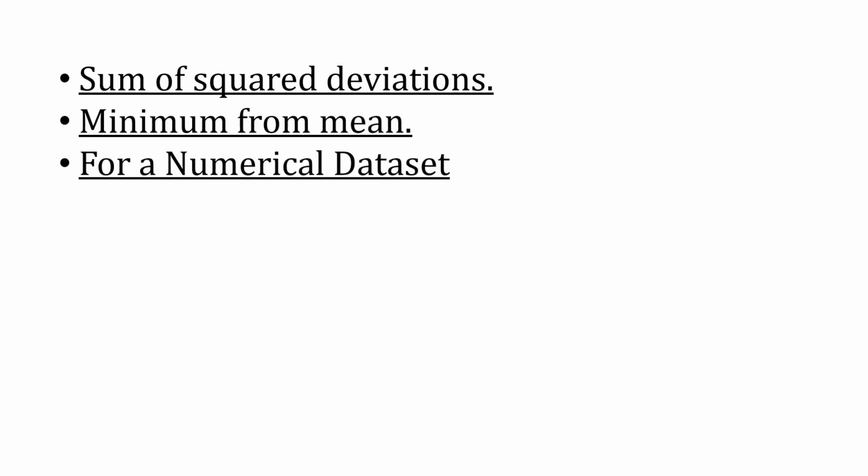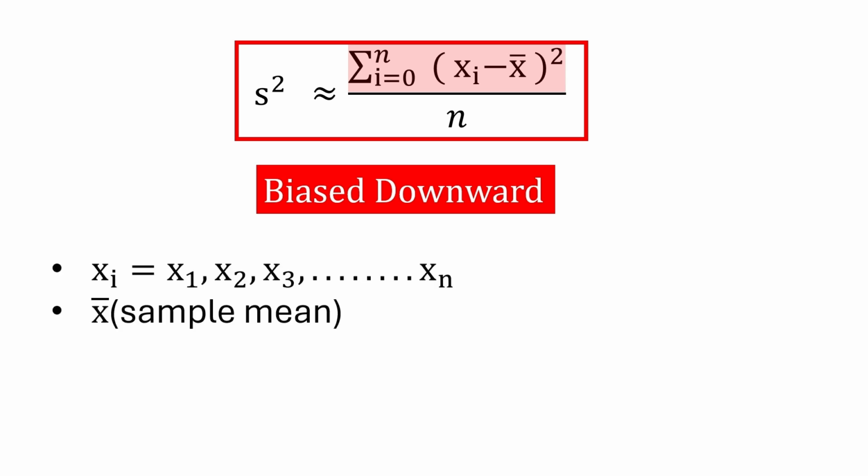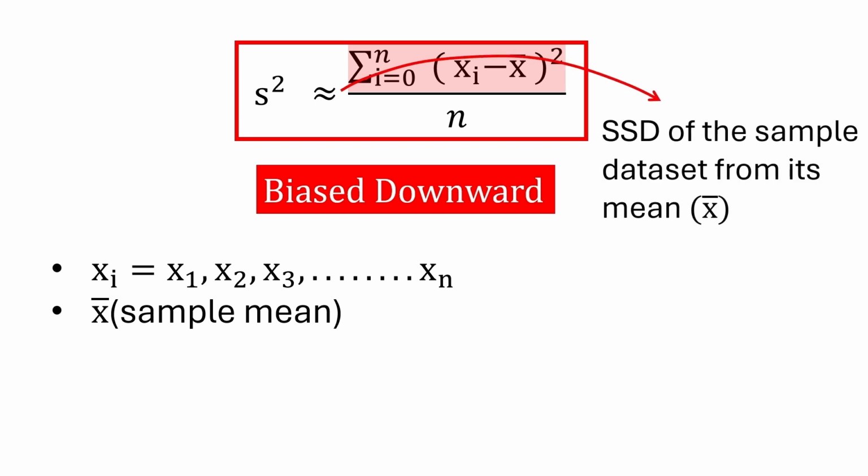So keeping this aside, what we were discussing: the population variance estimate with this formula will be biased downward. Now look closely at the numerator on the right-hand side. Here xi is the individual data points of the sample, and x bar is the sample mean. So this is the sum of the squared deviations of the sample data set from its mean, correct?